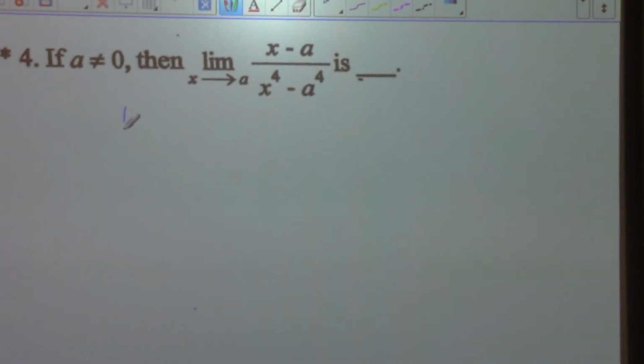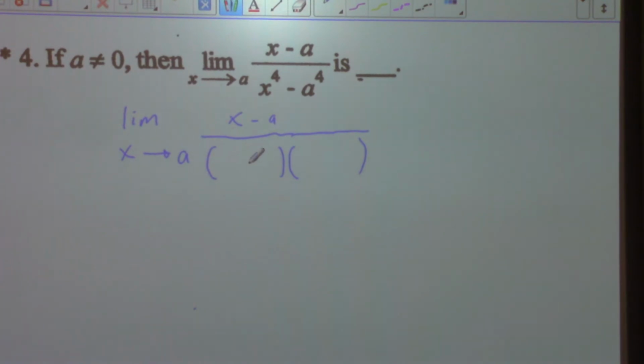So we have the limit as x approaches a of x minus a over, and what would this denominator be written as a difference of squares? How do you write a difference of squares?